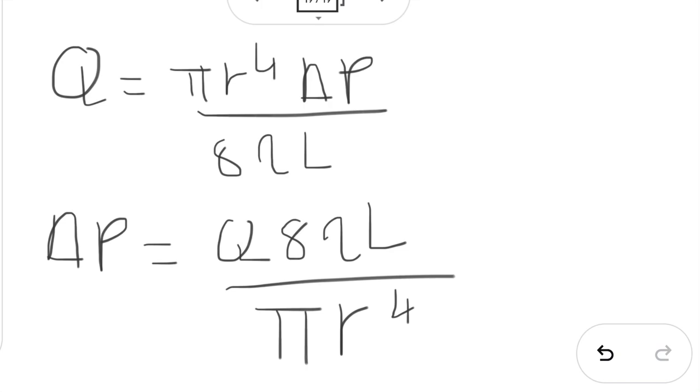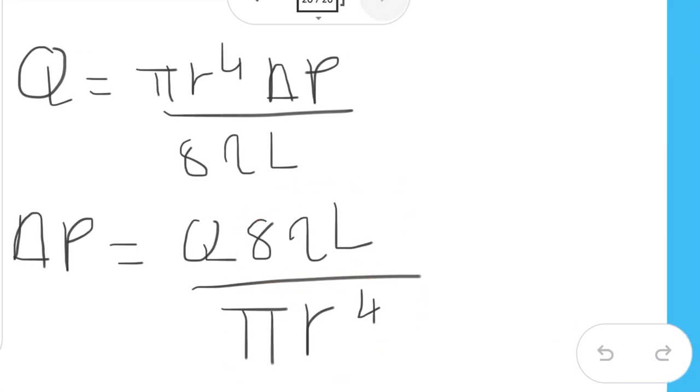It has become much easier now that we have our flow rate in terms of the volume and the other parameters given. We just substitute those values and compute the pressure difference.